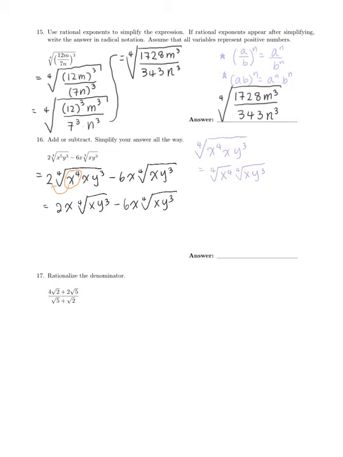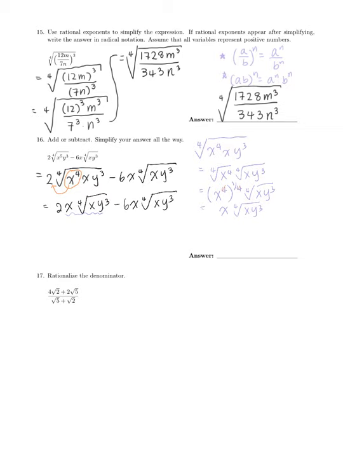And since the fourth root is the same thing as the 1/4 power, this is x to the fourth to the 1/4, multiplied by the fourth root of xy cubed. So notice that the 4 and 1/4 cancel each other out. Do you see that here you're going to have x times the fourth root of xy cubed? And that's exactly what happened here.